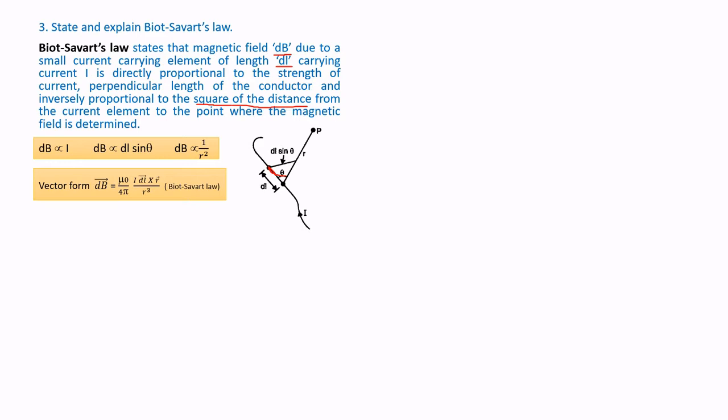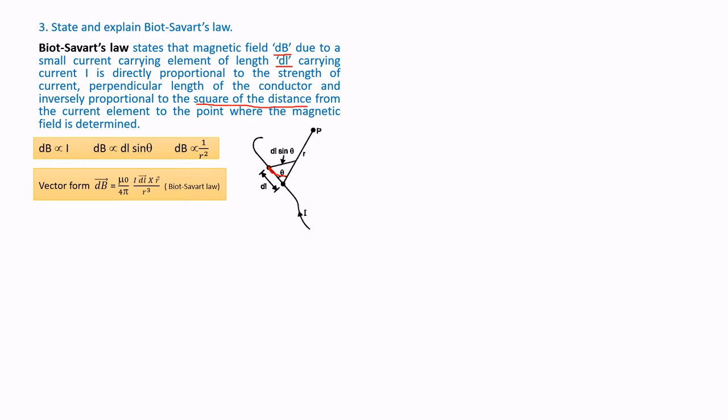I is this part, and dl sin theta is this part, and r cube. If we evaluate this, r square in terms and substitute for sin theta, we get vector r divided by r cube. This r cube is due to evaluation of this sin theta.